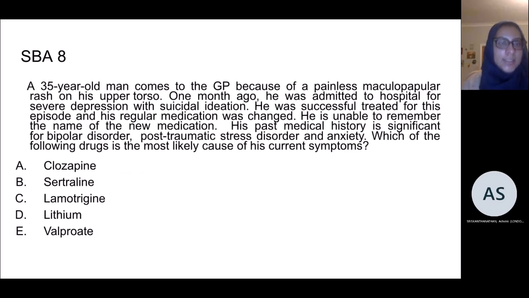In SBA8, you get this painless maculopapular rash. Now, the psychiatric history is trying to suggest he may be on lamotrigine, which is one of the most likely medications in this list to cause Stevens-Johnson syndrome.